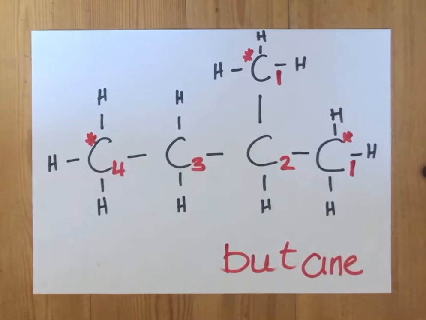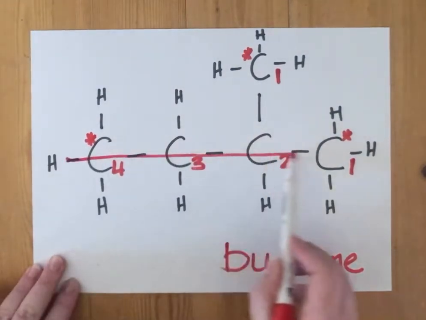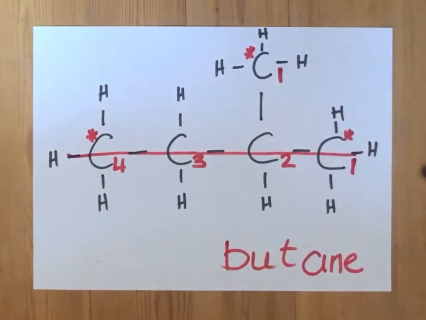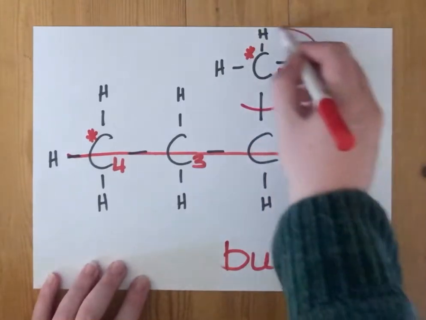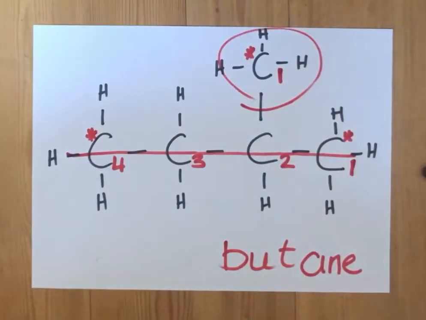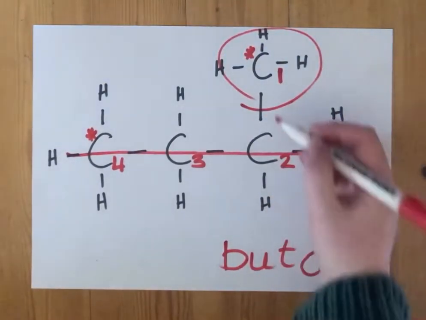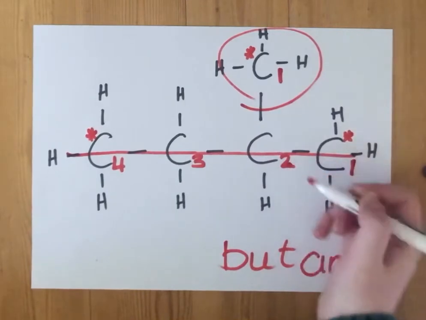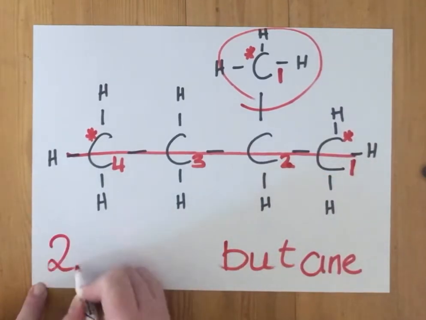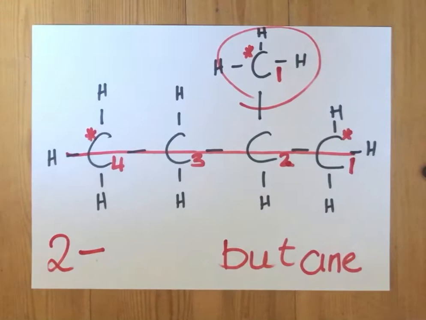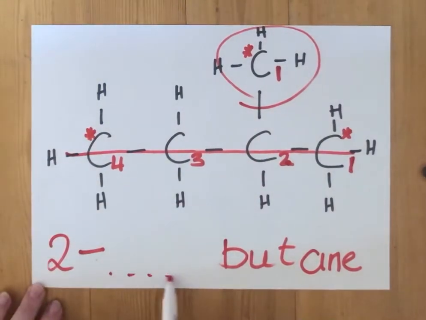And so if we're going across here, let's say, my side chain is this one. That's my side chain. And so I can see the side chain is attached to the second carbon. So my name is going to start with a 2 and a dash. And then I must just fill in this blank bit in the middle here that tells me the name of the side chain.